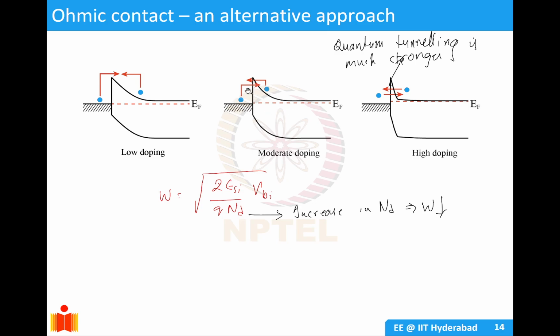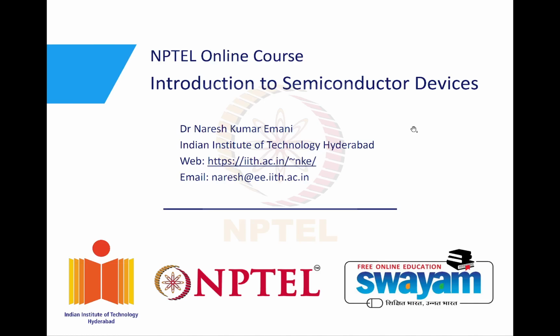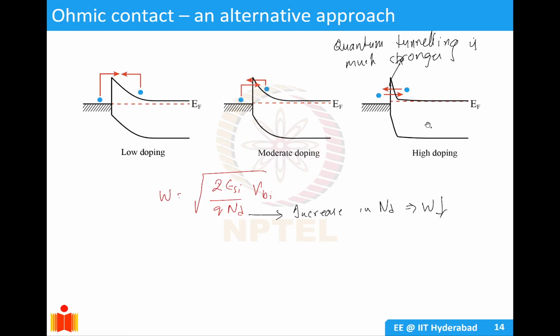When you have a moderate doping, you have a slightly thinner depletion region, and tunneling is possible near the top edges of the barrier. And when you have a high doping in the semiconductor, your depletion region is very, very small, and your barrier is so thin that it allows tunneling of charges across it.